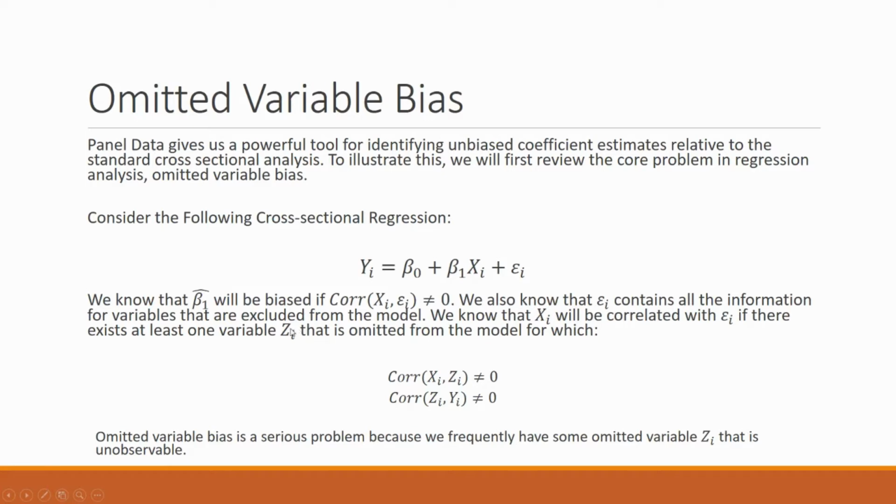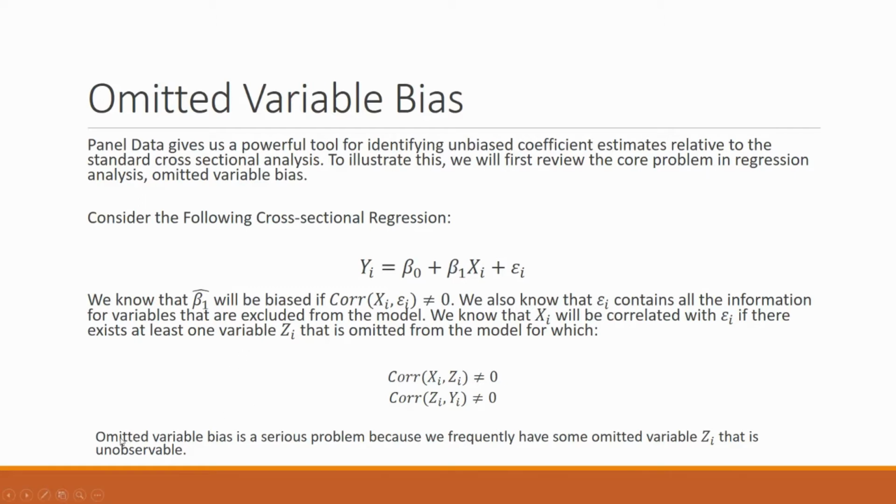We'll call that variable z, and that variable satisfies these two conditions: z, the omitted variable, must be correlated with x, and z must be correlated with y. If this omitted variable z is correlated with both x and y, then my estimate of beta 1, which is beta 1 hat, will be biased.